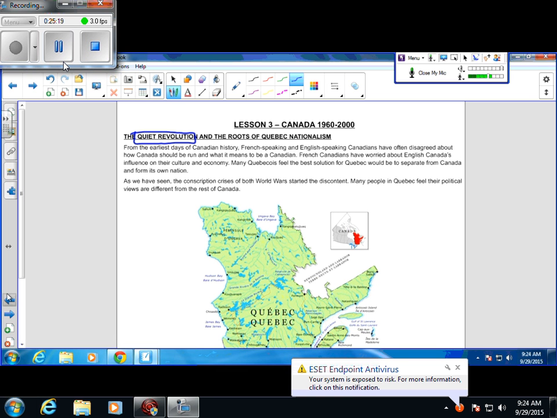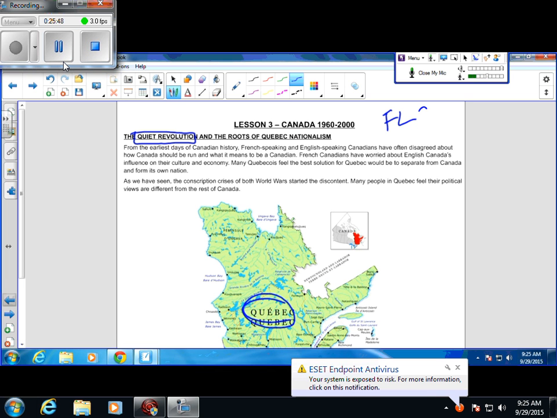You'll also learn the reason for nationalism, and why Quebec wants to be separated from Canada. We're going to talk a lot about Quebec, why they want to be different from Canada and why they want to be separated. You'll also learn about Quebec moving towards independence, and we're going to define an organization called the FLQ.